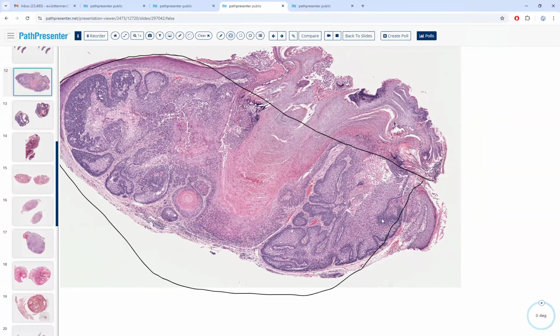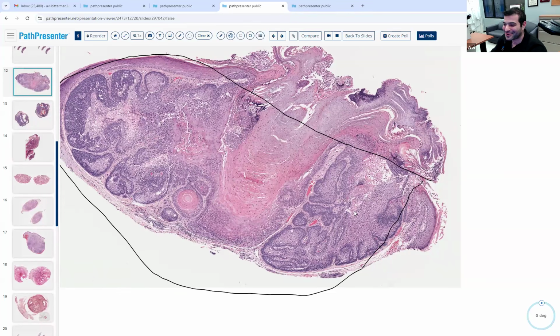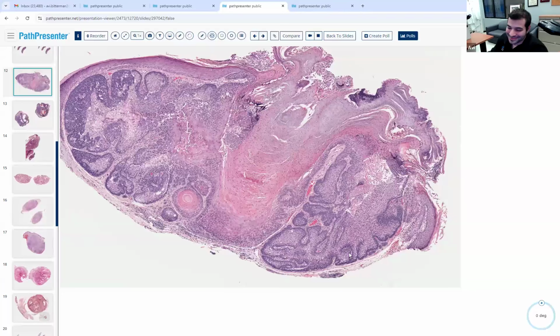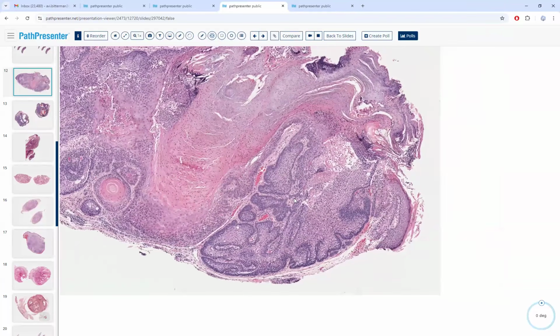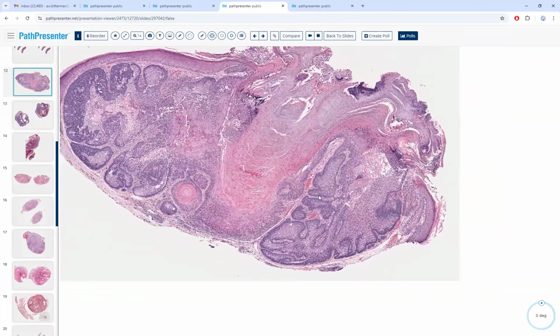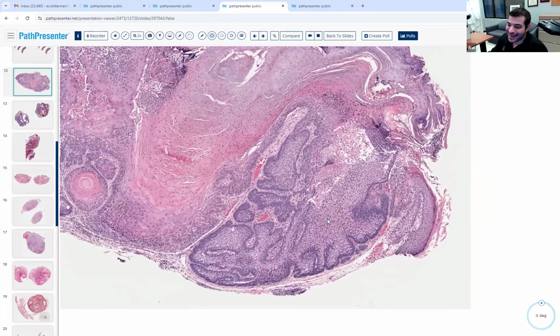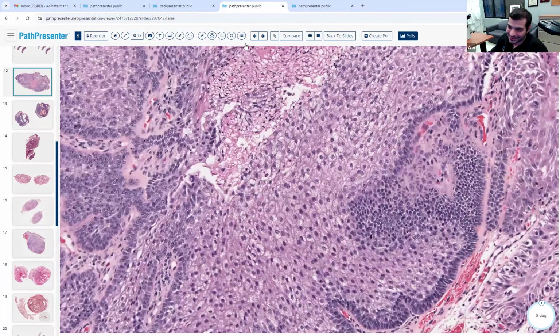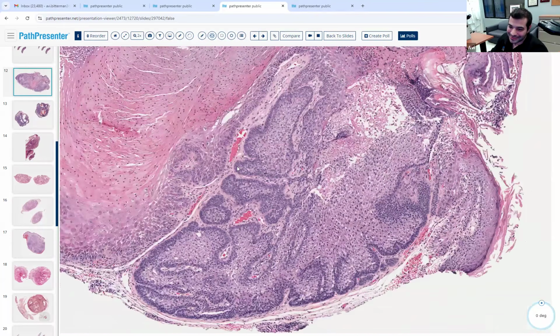Let's go with sebaceous adenoma, probably around 60-40. Terrible question. This was called a sebaceous adenoma. Just to clarify, sebaceoma and sebaceous epithelioma are synonymous, as opposed to sebaceous adenoma, where over 50% are these clear cells with the fat.